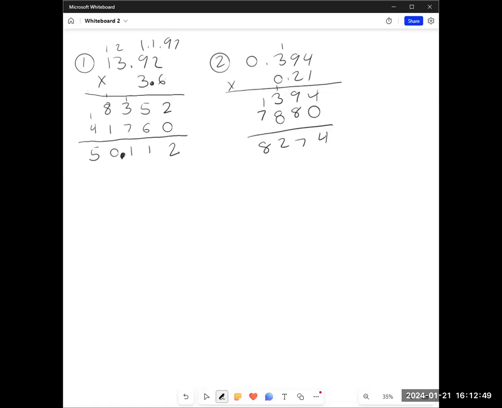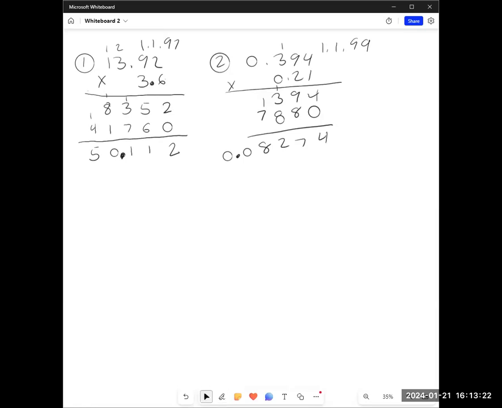Uh-oh, I don't have 5 decimal places, so I need to go 1, 2, 3, 4, 5 decimal places. Need to add another 0 there. Then put my decimal place, and I put a 0 for readability there. So 0.08274. And that one was like number 99 from the textbook.